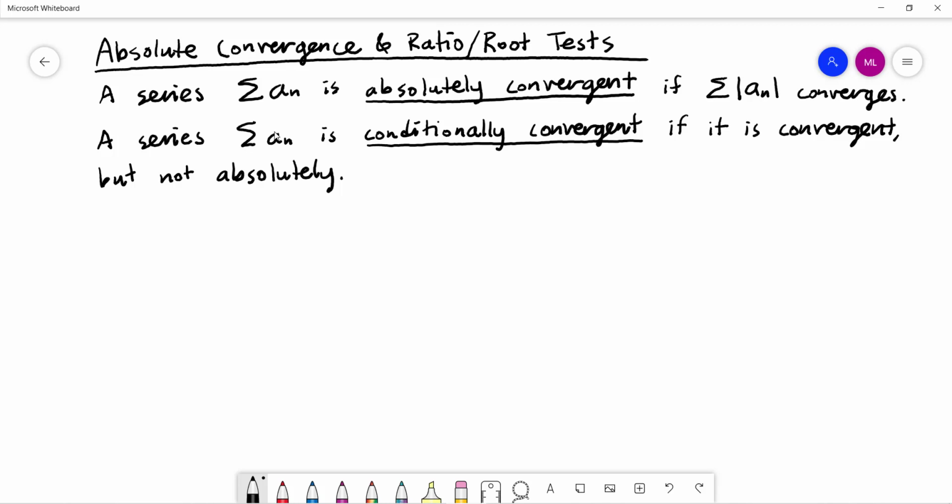Whereas normally, without that -1 to the n that makes the series alternate back and forth and flip signs, it's not just that the terms a sub n have to go to 0, but they have to go to 0 sufficiently quickly. And the cutoff that we've decided was they have to go faster than 1 over n.